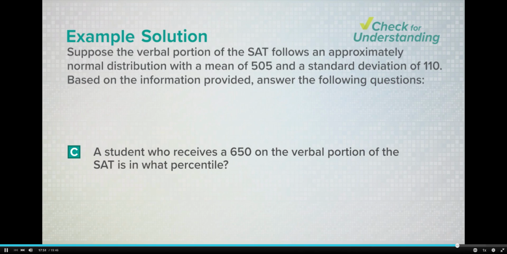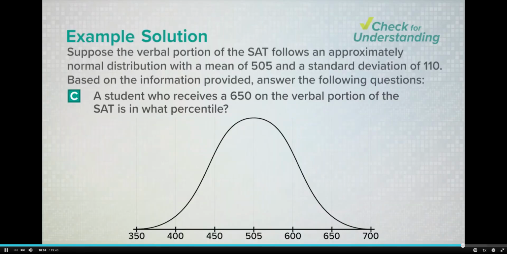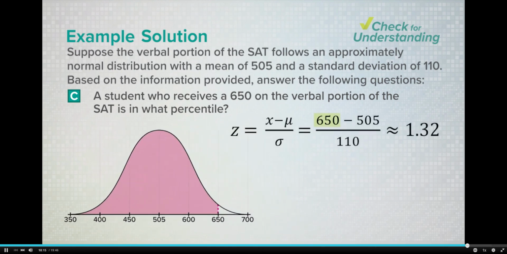Lastly, Part C asks, a student who receives a 650 on the SAT is in what percentile? Remember that percentile means what area is at or below the value you're interested in. So I'm looking at 650 and I want to know the area that is below 650. I can do this by finding the z-score. The z-score for 650 is roughly 1.32.